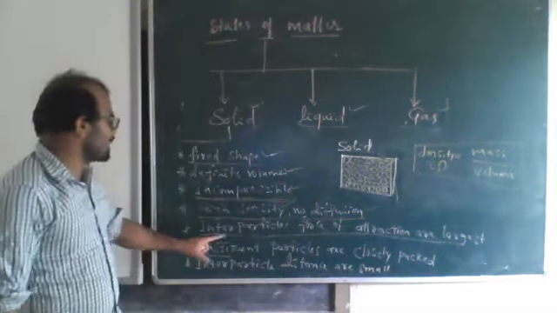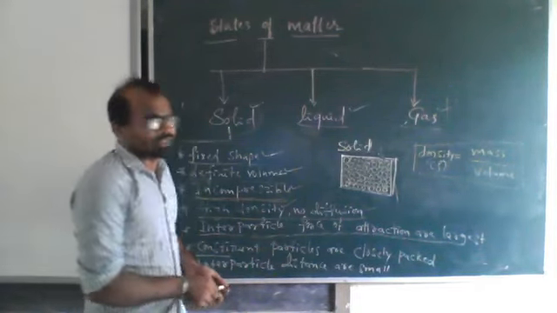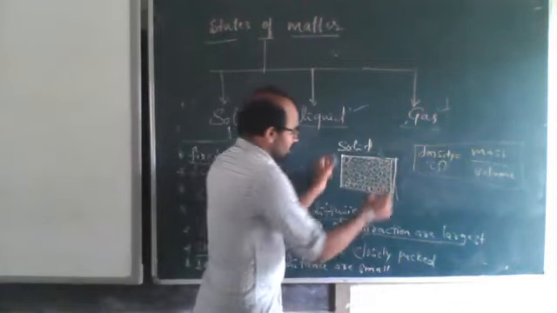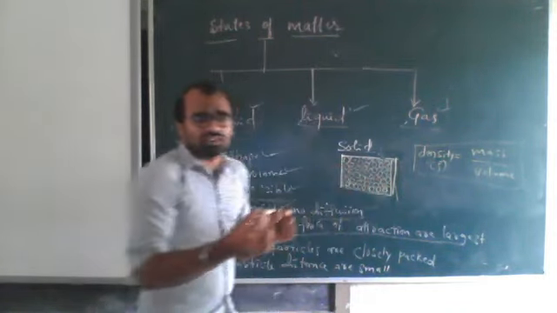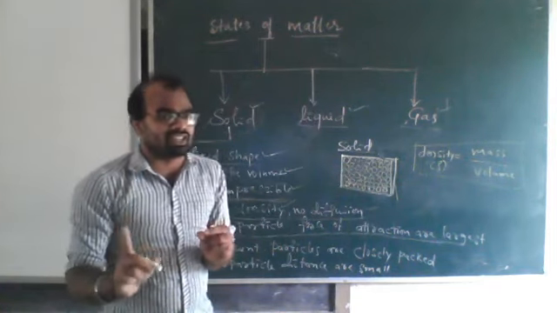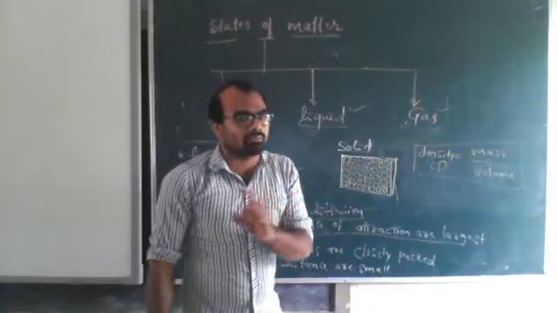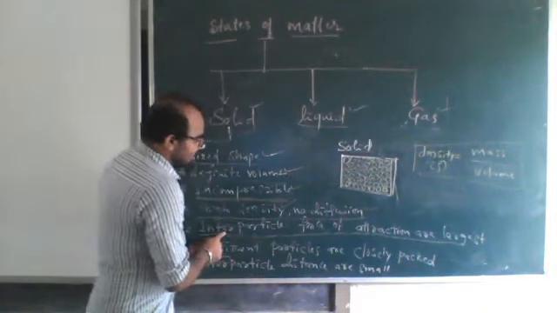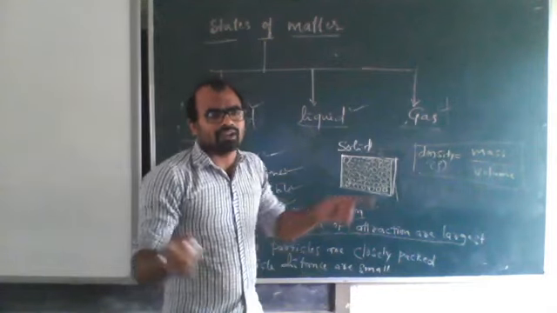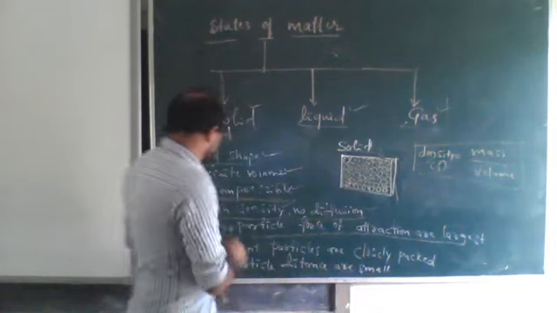See, interparticle force of attraction. Interparticle force of attraction means there are particles here, and in between the particles there is a force of attraction. As property 3 of the particles of matter says, there is a force of attraction between the particles of matter. If particles of matter are attracting each other, we call it interparticle. Inter means between.